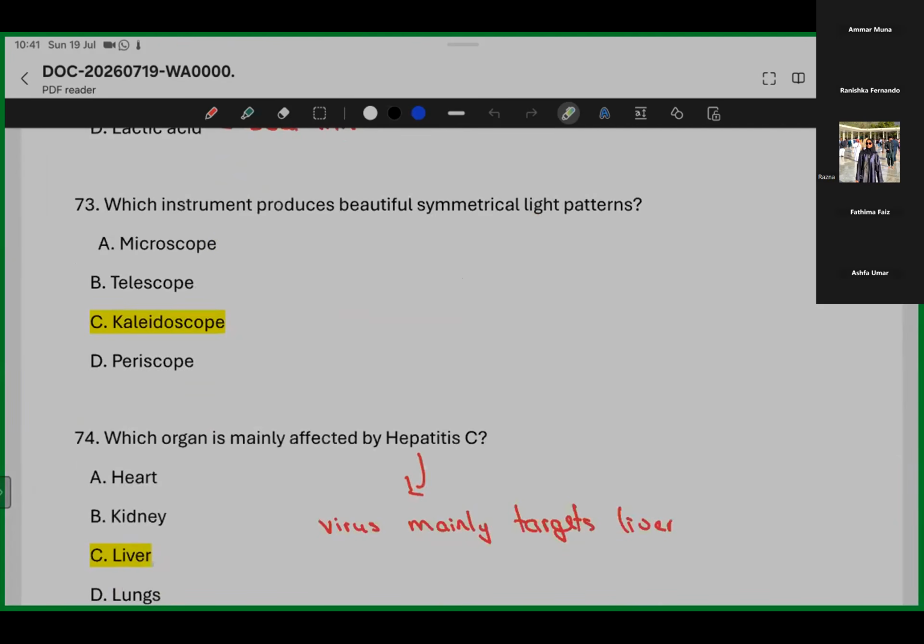Question number 73, which instrument produces beautiful symmetrical line patterns? Once again, this is pretty direct. The answer would be a kaleidoscope, because a microscope magnifies tiny objects and B, telescope, magnifies objects far away. And D is obviously incorrect.